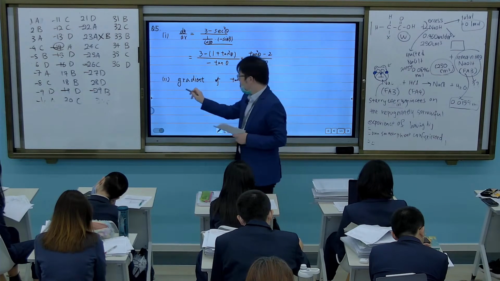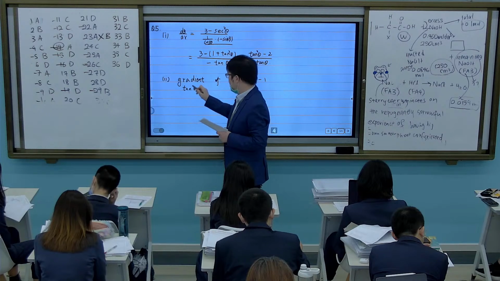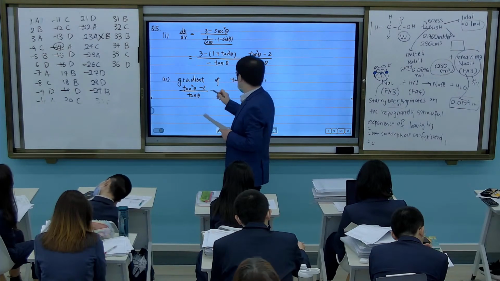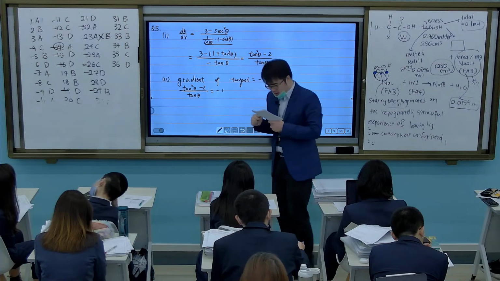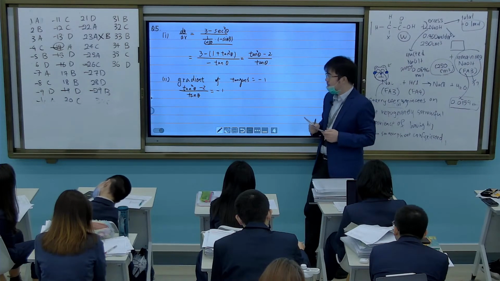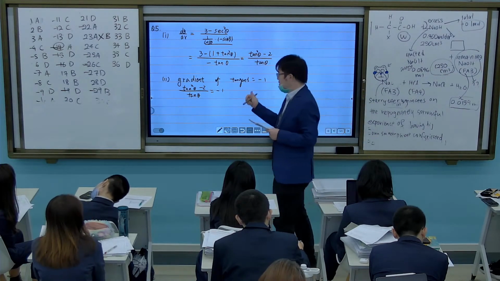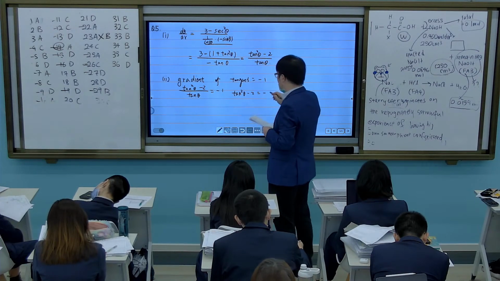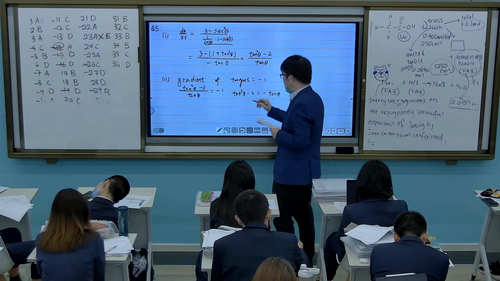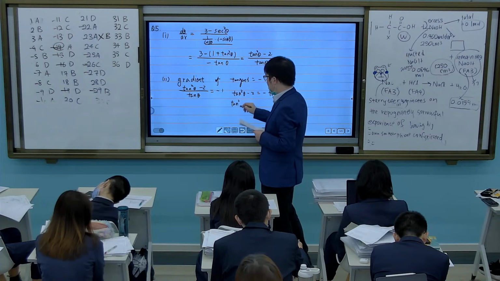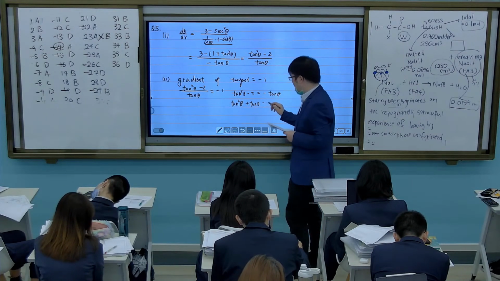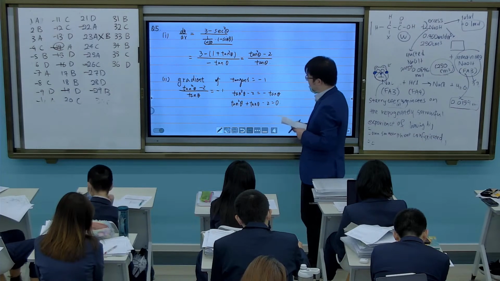That means tangent theta squared minus 2 divided by tangent theta equals -1. Rearranging, tangent theta squared minus 2 equals negative tangent theta, so tangent theta squared plus tangent theta minus 2 equals 0.